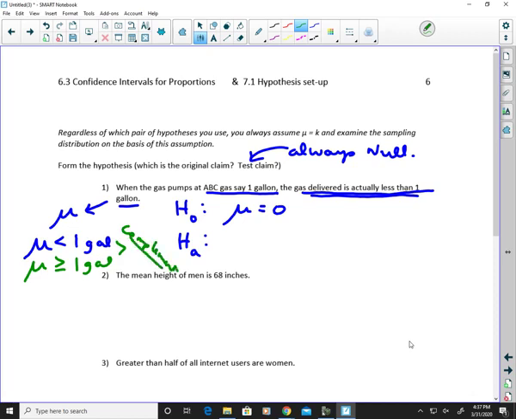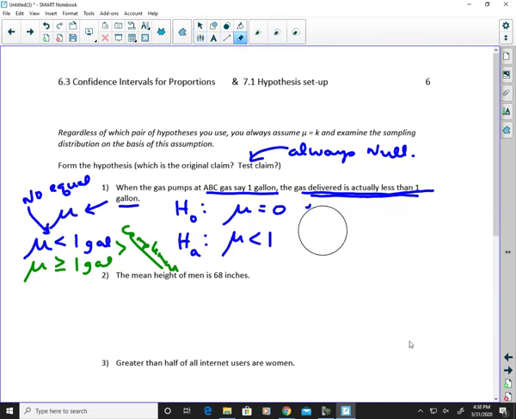But okay, so we know the null is always equal, and that's always what we're going to test. And because there's no equal sign here, that will be our alternative. So less than 1. Whoops, why did I write a 0 there? Sorry.